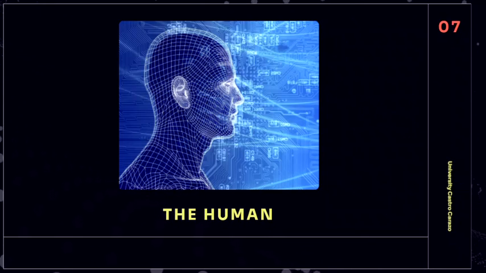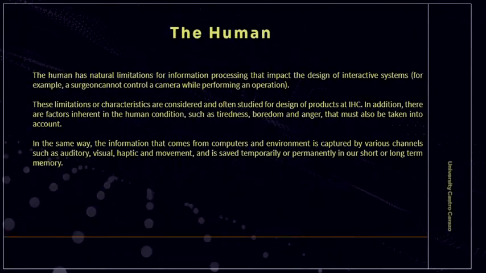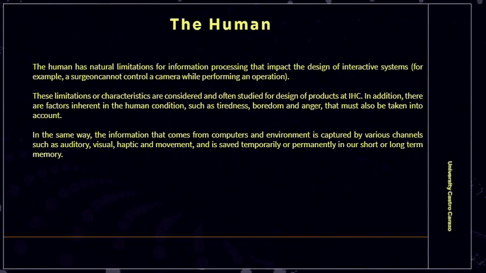The human. The human has natural limitations for information processing that impact the design of interactive systems. For example, a surgeon cannot control a camera while performing an operation.